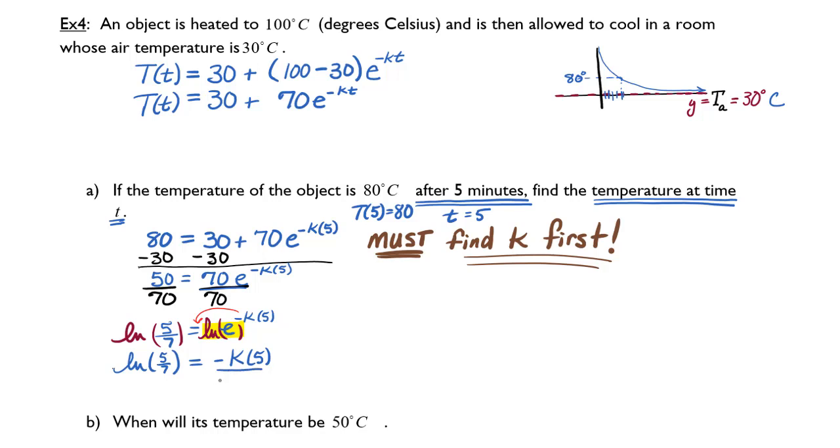So I will divide away the negative and the 5 on both sides, and this will give me just k. Now remember, it has to be a decrease, so I'm going to have to put that negative sign on there once I figure out what k equals. K should be positive, and then the negative will bring it into the decay region.